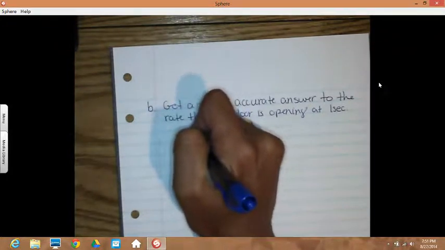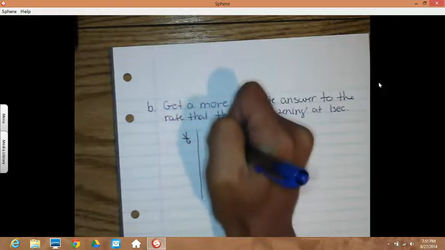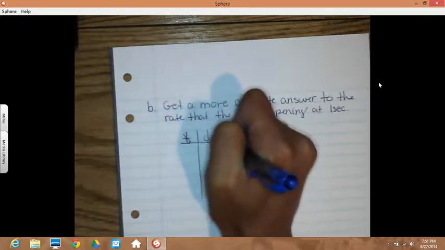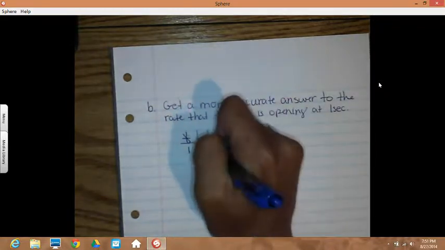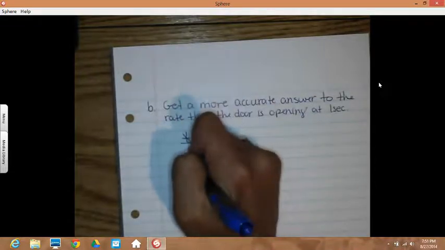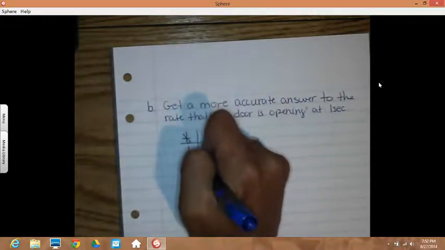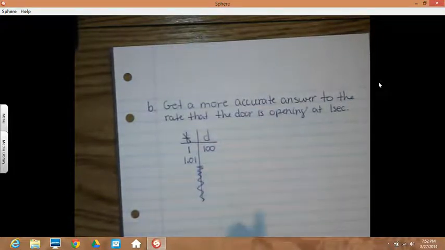Well, I want time. That's a T and a degree. So 1 is what I'm trying to estimate the speed at. I know that's 100 degrees. Now I want to go to, say, 1.01. I don't know why I made that table so big. I don't want it that big. Okay.